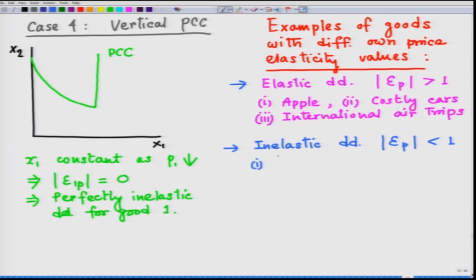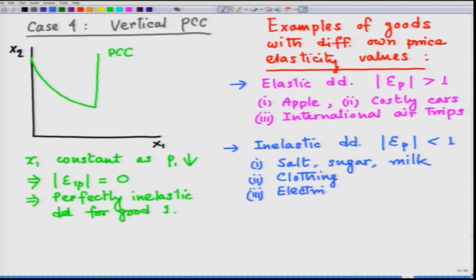The examples could be some commodities which we use on a daily basis like salt, sugar, milk, then there could be clothing also, because it is a necessity item for all of us. Then the third item would be electricity as an example of inelastic demand.